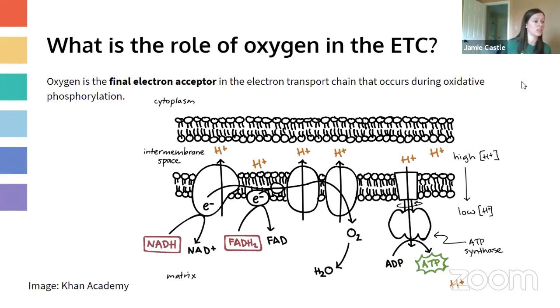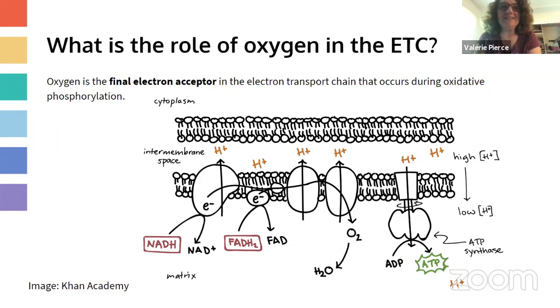So the first question is, what is the role of oxygen in the electron transport chain? Who would like to jump in and take this one? I will. You learn it as oxygen is the final electron acceptor. That's the scientific term. What you want to think about is electrons are moving along this electron transport chain, and their energy is being used to do work, to pump hydrogen ions.